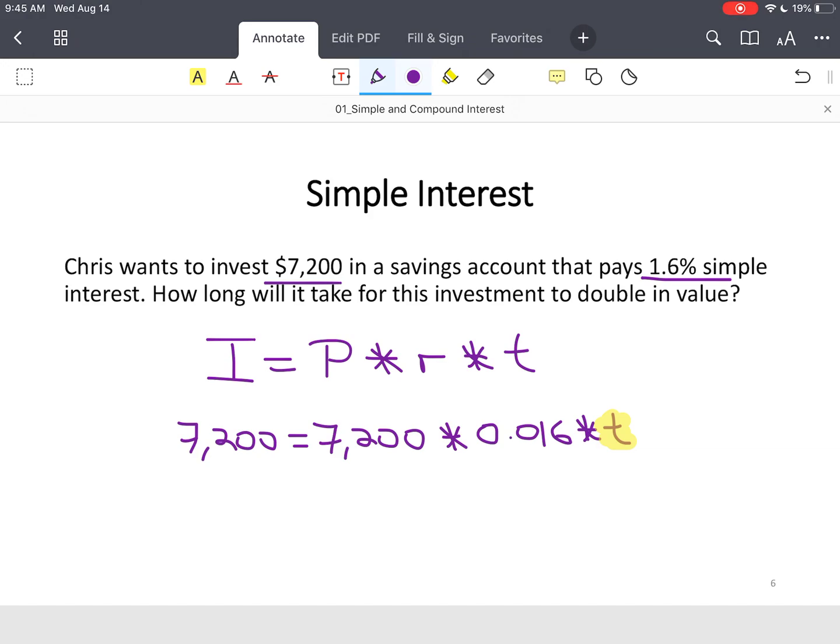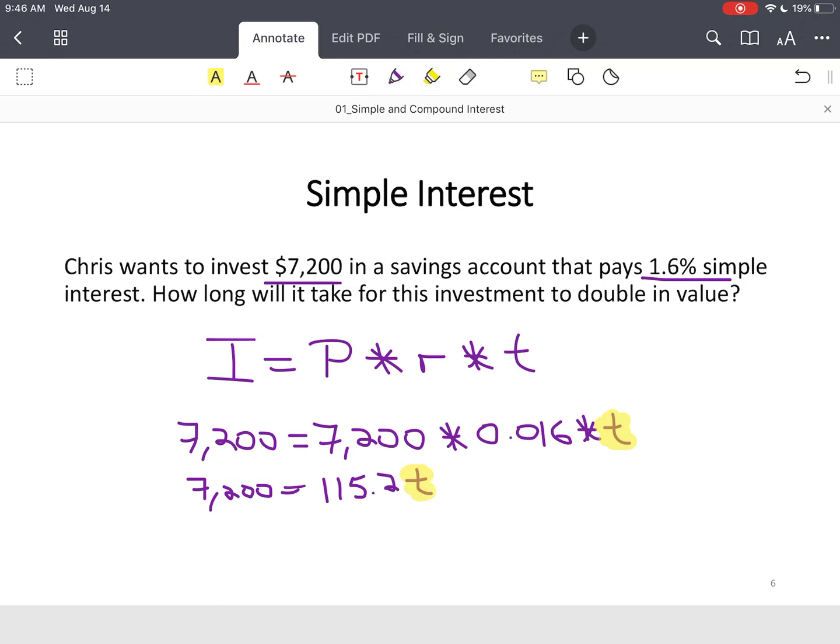We're gonna leave the left side of that equation alone. So leave that $7,200 alone, we're gonna bring that down. On the right side of the equation, we're gonna take $7,200 and multiply it by 0.016, which is 115.2. And we're gonna bring down T. A simple one-step algebraic equation we want to solve.